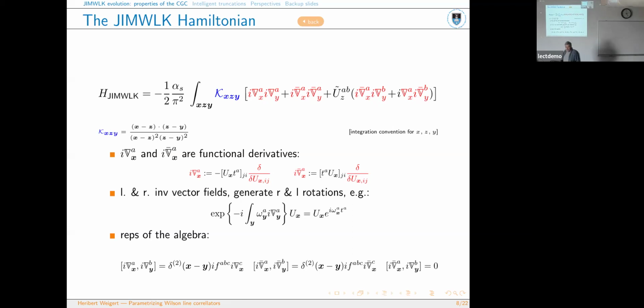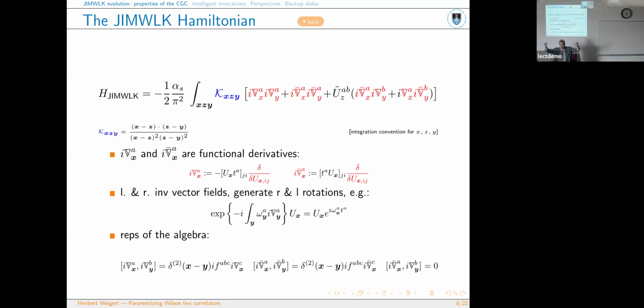If you know enough differential geometry, then these operators actually generate the left and right invariant vector fields on SU(N). The left and right invariant vector fields actually lead to the geodesics on the Lie group.